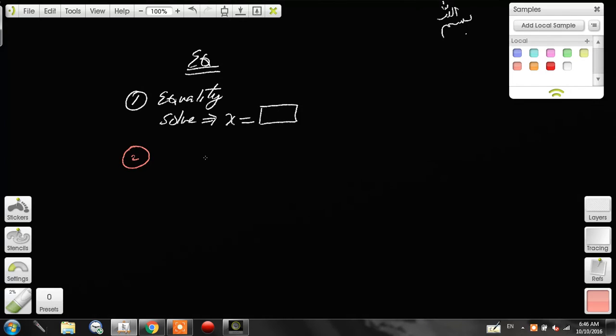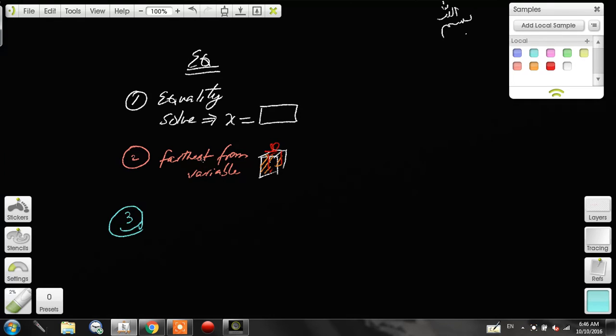The second thing I had suggested is that you have to start farthest from the x, farthest from the variable, in isolating the variable. And the analogy I gave you was like a gift box, right? And you have to open the gift box from the outside in, right? Here's a gift box.